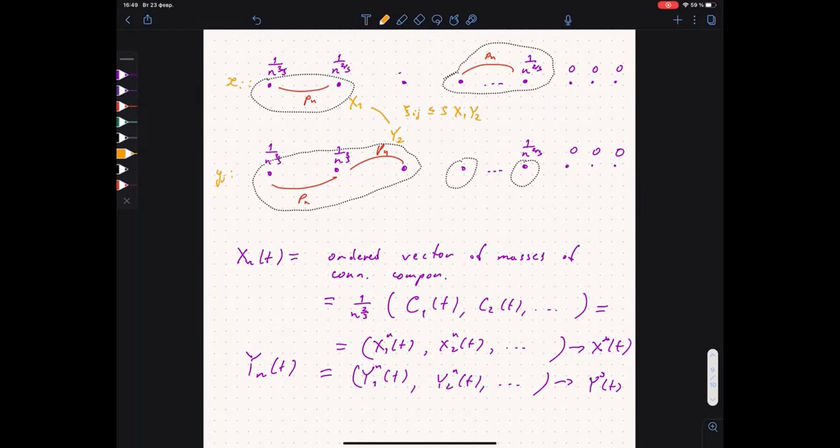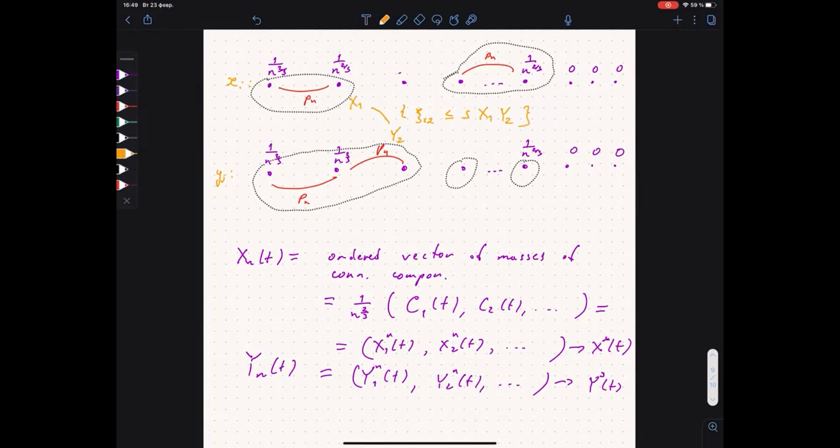So with that probability, we put the edge if psi_ij is less than or equal to the mass of the first component times the mass of the second component.